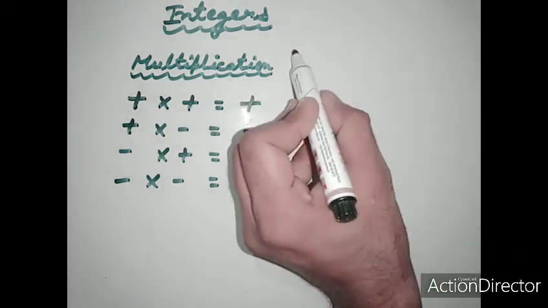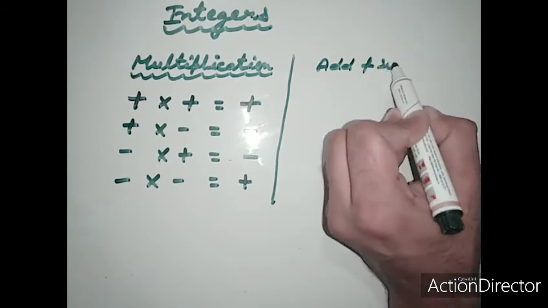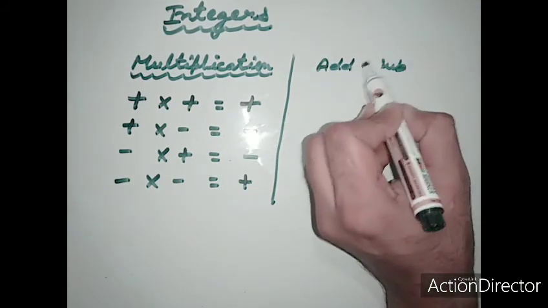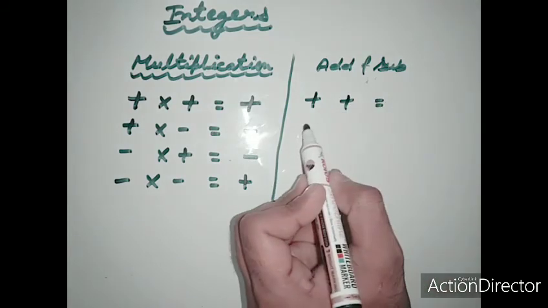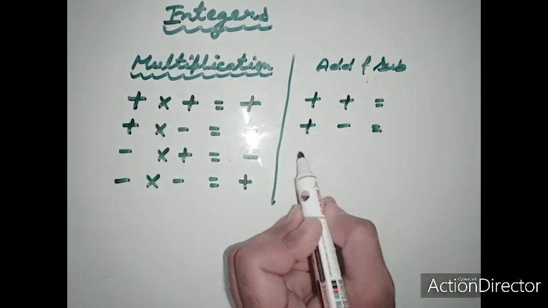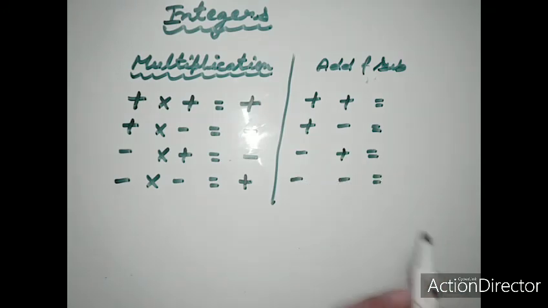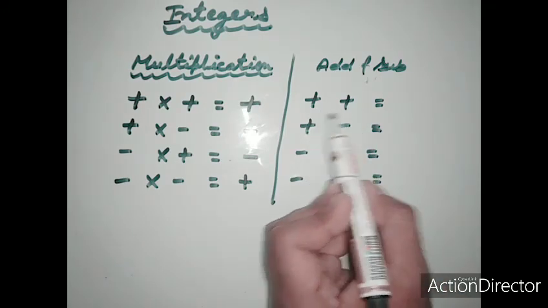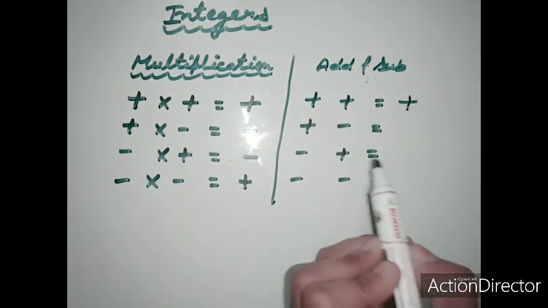Now here we discuss addition and subtraction symbols. Here we take the same symbols: plus plus, then plus minus, then minus plus, and then minus minus. Now students, if there are two positive symbols, then we get the sum in plus.